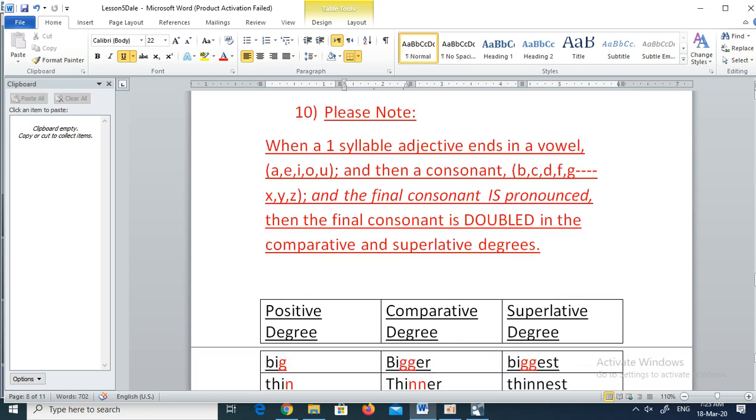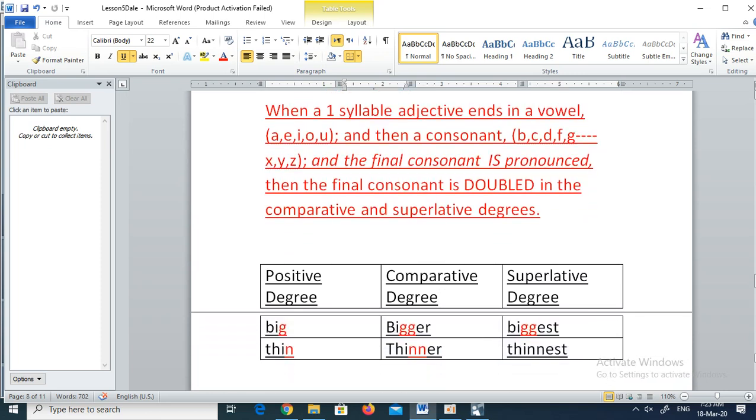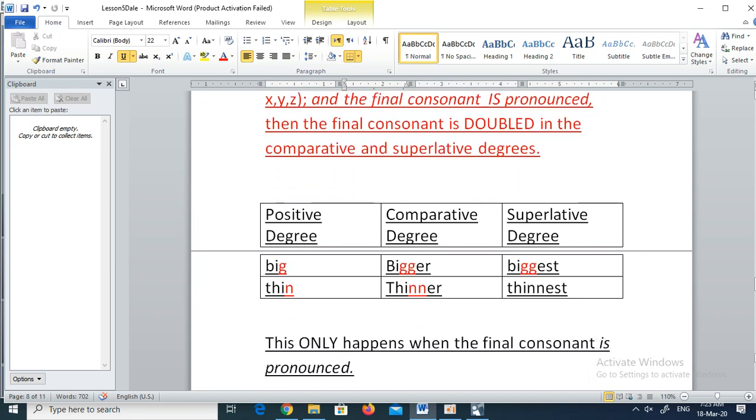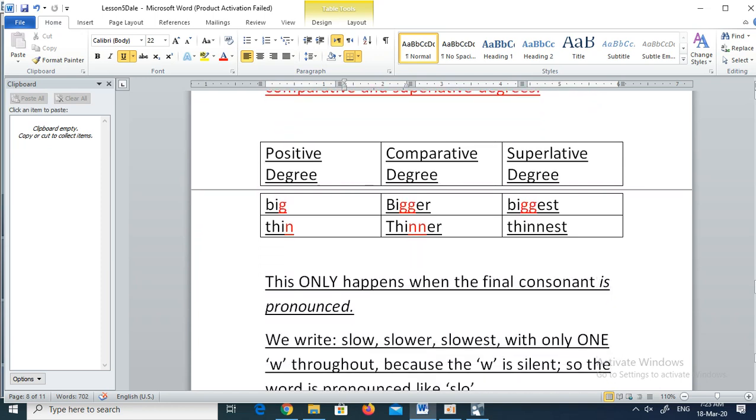is that their final consonant is doubled in the comparative and superlative degrees. So if you have a look here, in the first example, the adjective big, you have the positive degree, and at the end there is one G only.